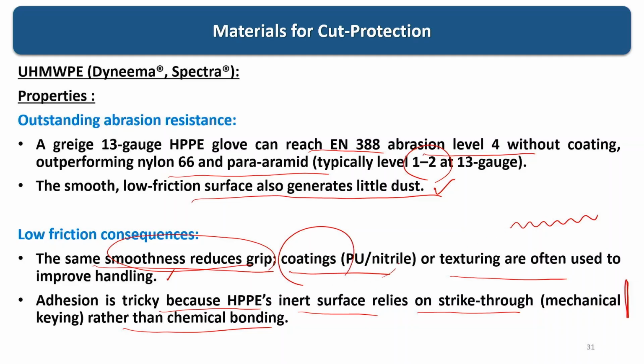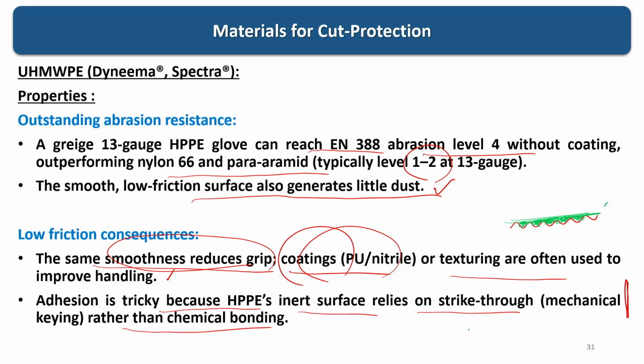When we apply PU, PU nitrile or any other coating material on the surface, due to the textured, uneven structure, these materials are bonded by mechanical locking.